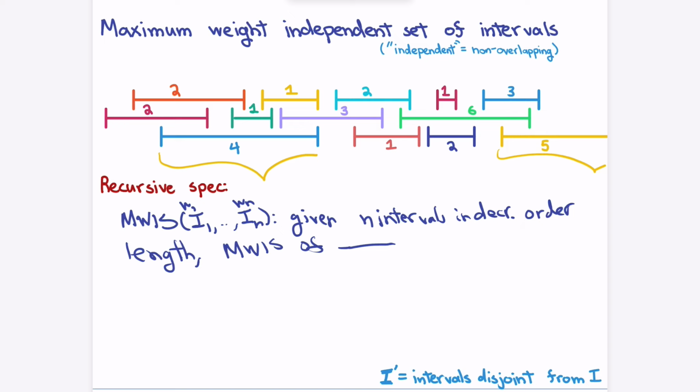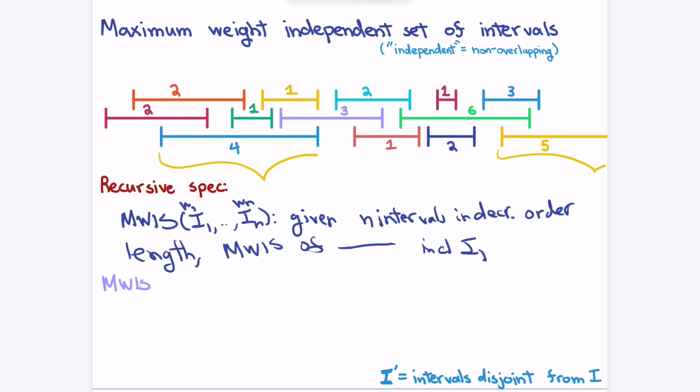Okay, so if I wanted to implement this, you can do that too, including I1. Yeah, so I'm assuming that these are already ordered in decreasing order of length. So I1 is the first one, so including I1, that's what you have in mind?